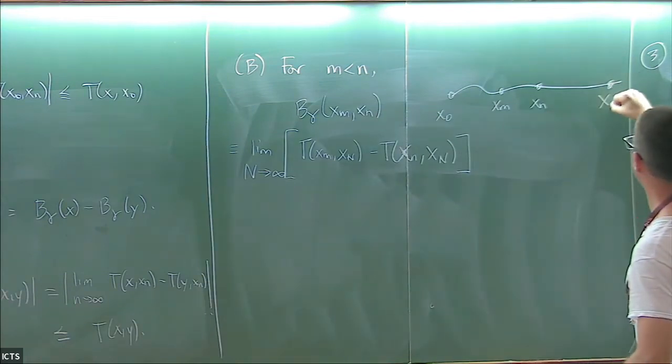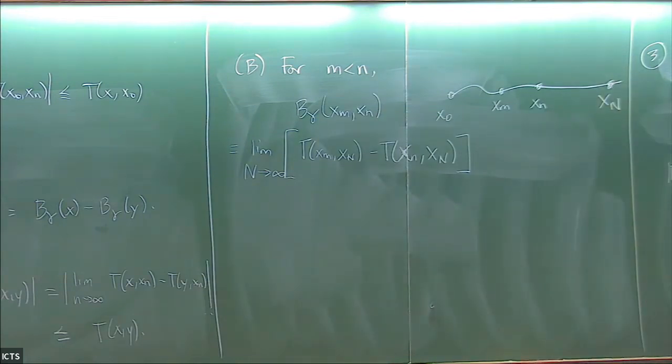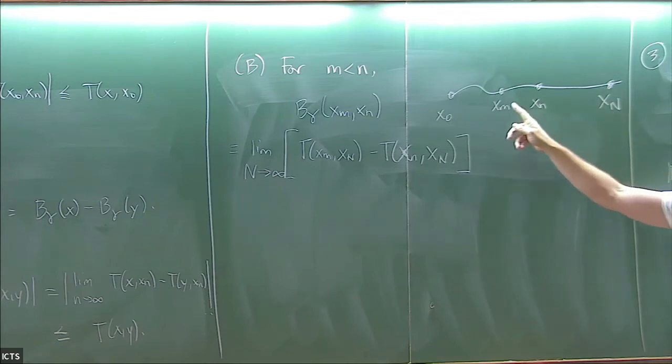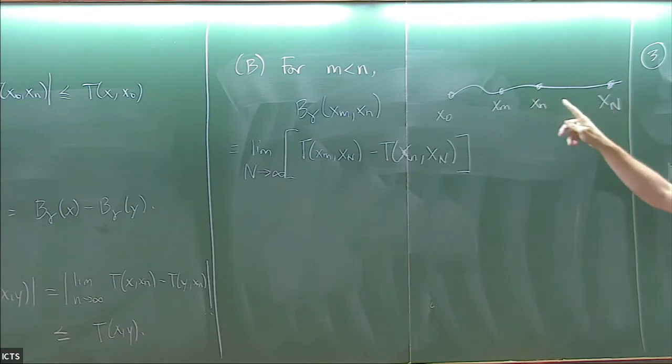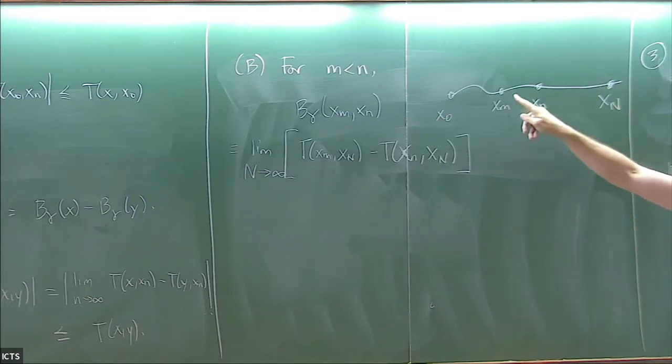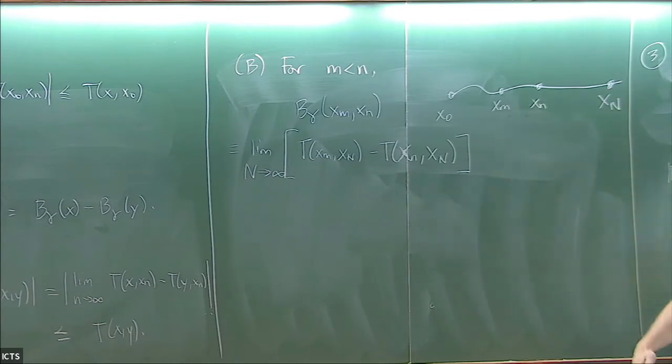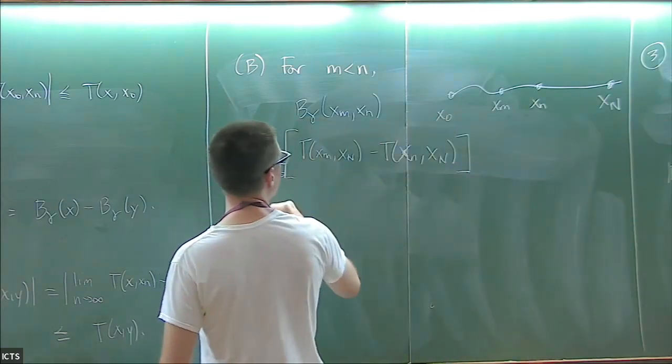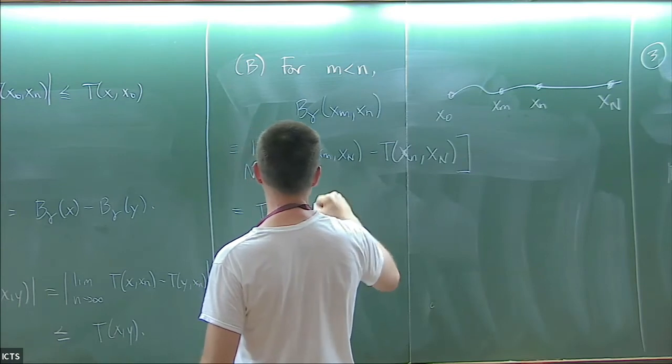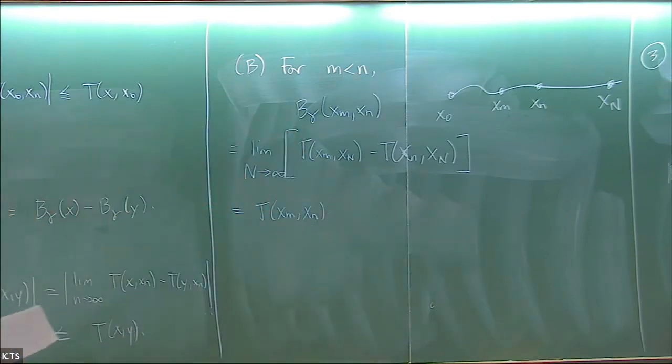At some point, sequence x_N going to infinity. Now the passage time from x_m to x_N is just the sum of these edge weights, right? Then the passage time from x_n to x_N is the sum of these edge weights. So when you subtract them, these terms cancel. You just get the passage time between these two. So this is just equal to T(x_m, x_n). In other words, if you look at points on the geodesic itself, the Busemann function is just the passage time. Right? We know that it's always bounded above by the passage time, but on the geodesic it's equal.